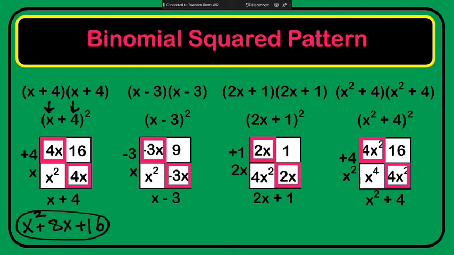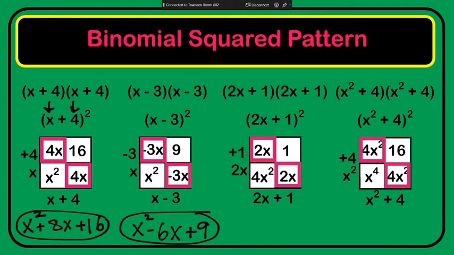In this example, we have the first term squared, which is x squared. We have our last term, which is negative 3 squared, which is positive 9. And then we have 2 of our middle terms, or 2 negative 3x's. So that makes 2 times negative 3 times x, which is negative 6x. And that would be the answer to our second example.